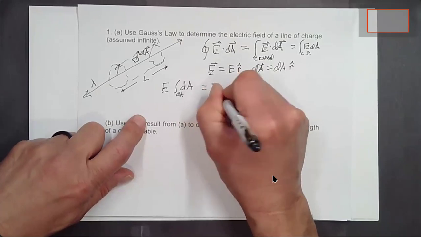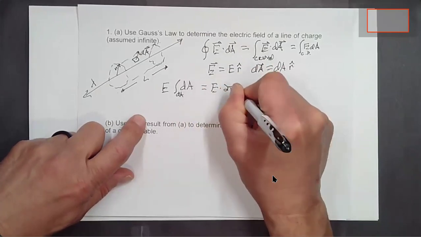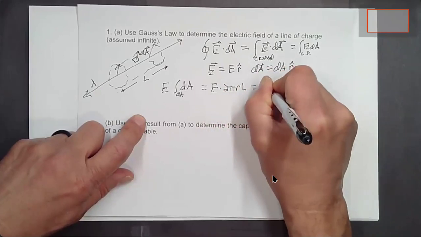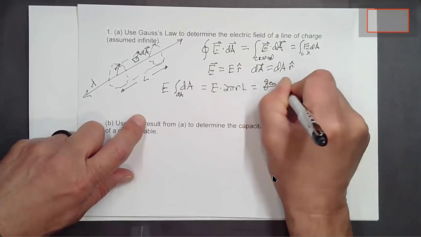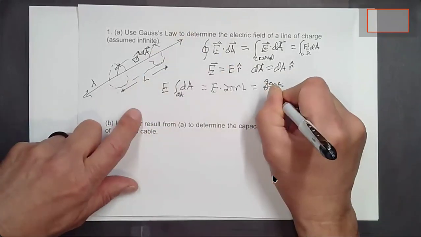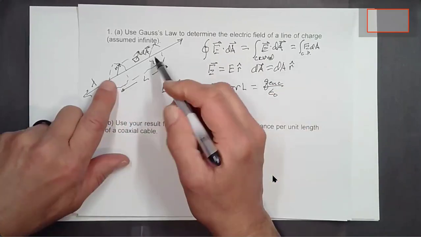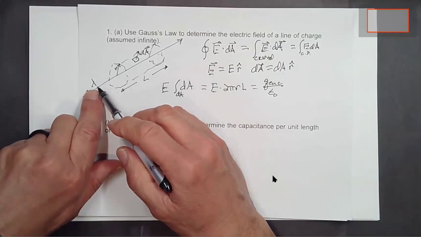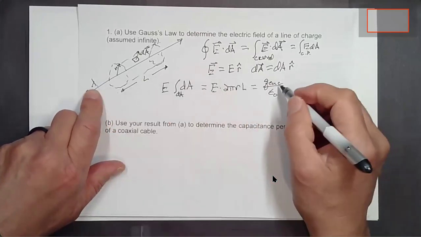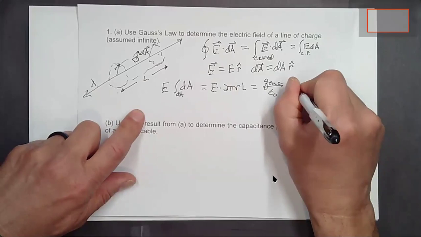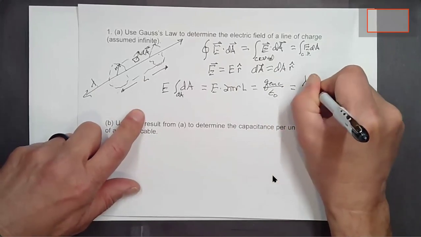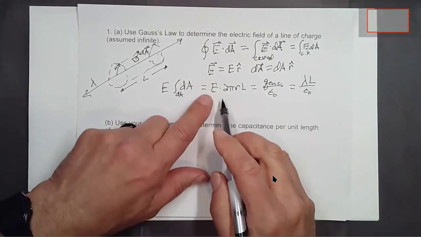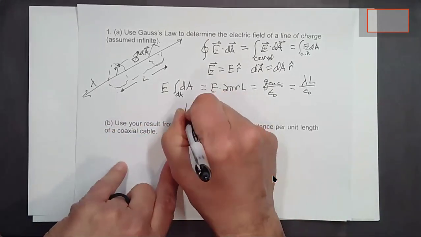So I'll have E times 2 pi r L is going to equal the charge enclosed in my Gaussian surface divided by epsilon naught. Well, I enclosed a length of charge L, and it's got a charge per unit length lambda. So the charge enclosed is going to be lambda L over epsilon naught. And now I just have to solve for E. That was all I was after.